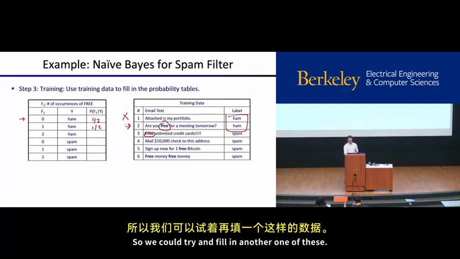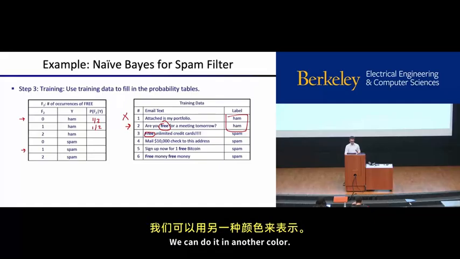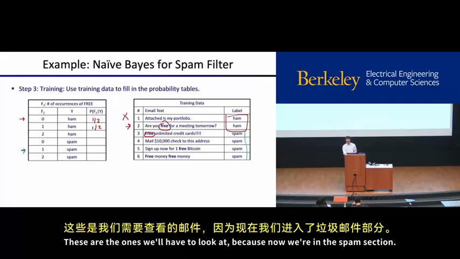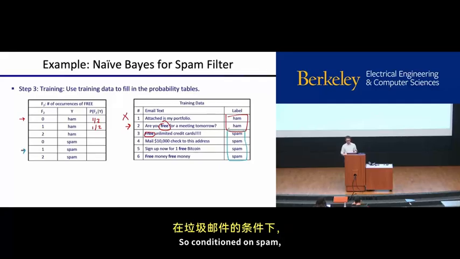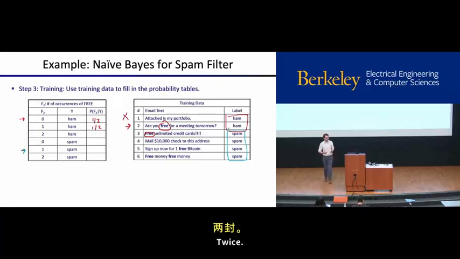Okay, so we could try and fill in another one of these, right? So how about this one? Let's try and do this. We can do it in another color. Anyone have any ideas? These are the ones we'll have to look at, right? Because now we're in the spam section. So conditioned on spam, how many times do we see an email that has the word free in it one time? Yeah. Twice.